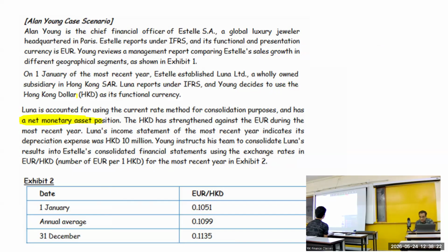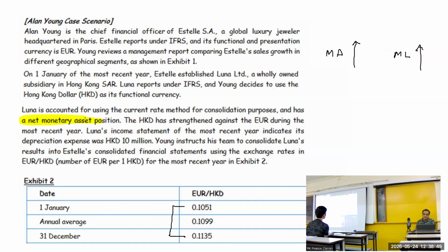Okay, in the remeasurement method, what matters to you is that the monetary assets and monetary liabilities are exposed to the current rate. Non-monetary assets and non-monetary liabilities are at historic rate. So monetary assets and monetary liabilities are going to be remeasured using the current rate, and that current rate has appreciated. So monetary assets will increase, monetary liabilities will increase, but which will increase more?